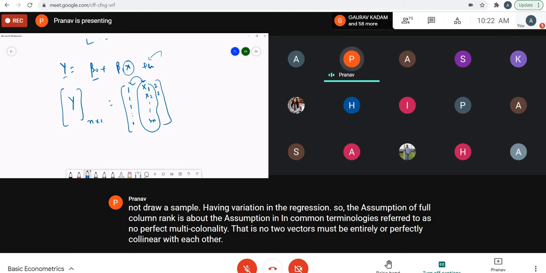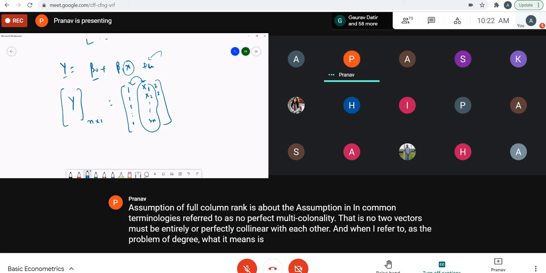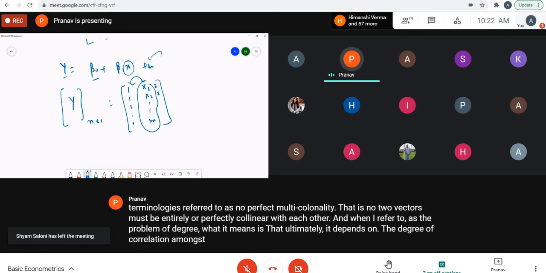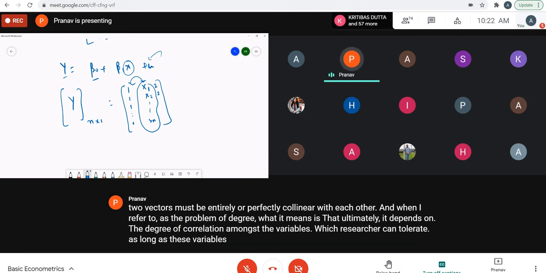And when I refer to it as a problem of degree, what it means is that ultimately it depends on the degree of correlation amongst the variables which the researcher can tolerate. As long as these variables are not perfectly collinear, the researcher is fine with this.